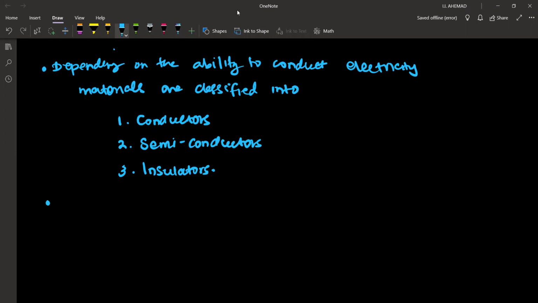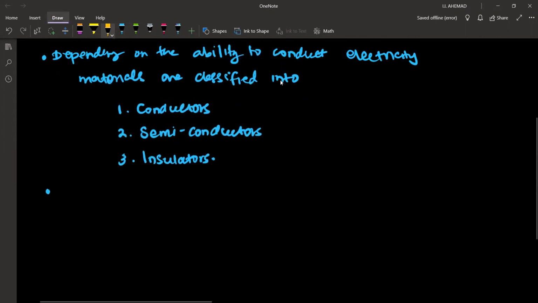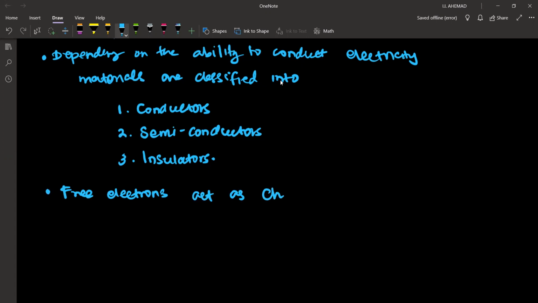Now, what are the charge carriers in conductors and semiconductors? It is the free electrons. So we can tell that free electrons act as charge carriers in materials.